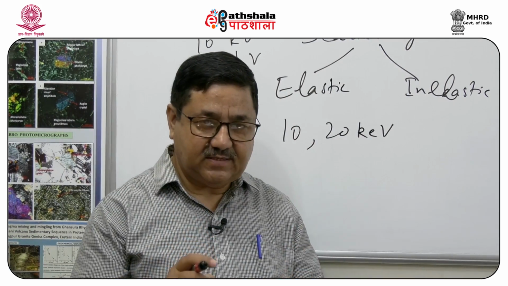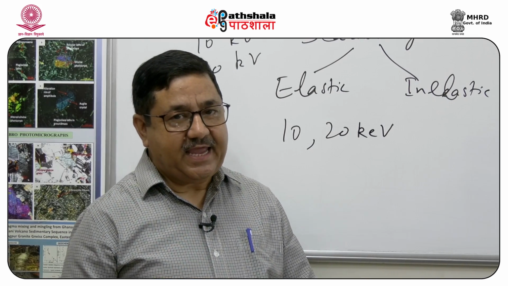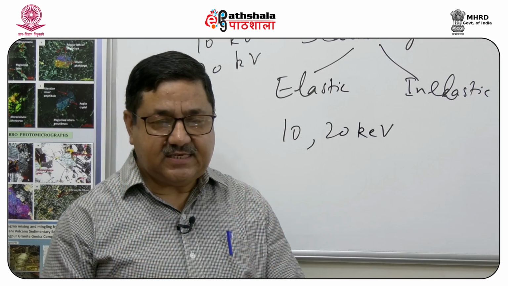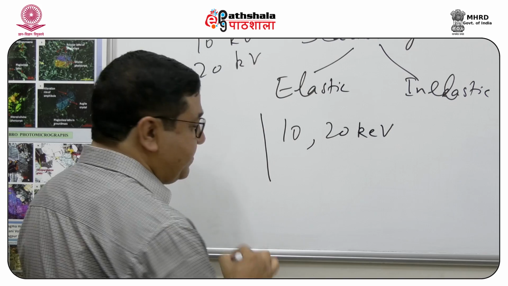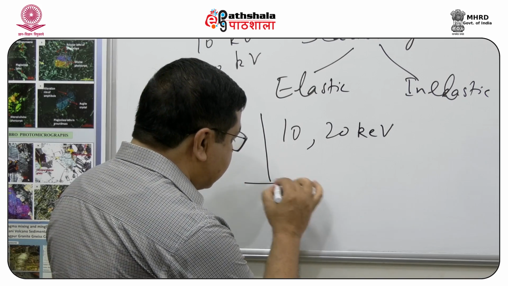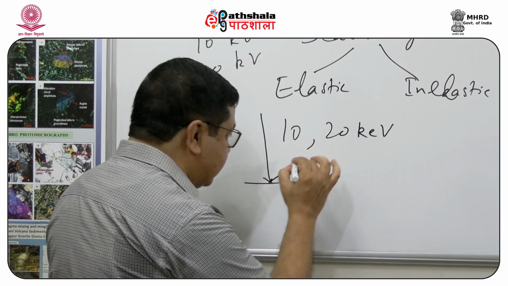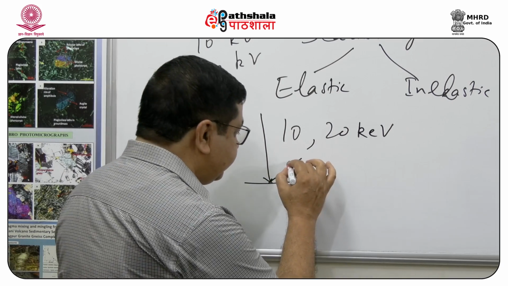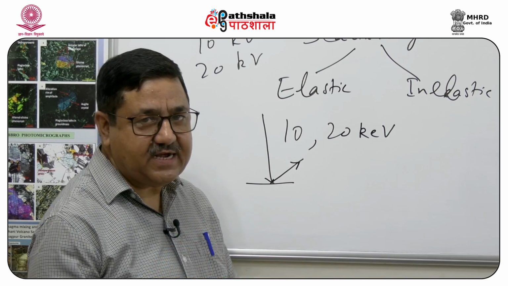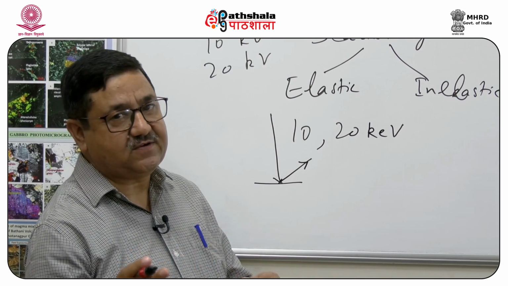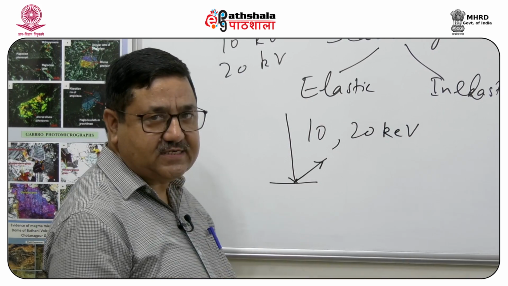Now, if this beam interacts with any matter and the incidence direction is changed, for example, if the beam is coming like this, interacting with matter, and the direction of interaction changes and the beam moves or the electron moves to a different direction, that means there is a significant change of direction, but there is no significant loss of energy.